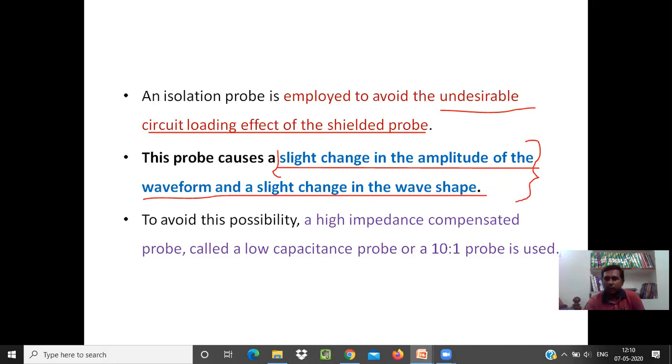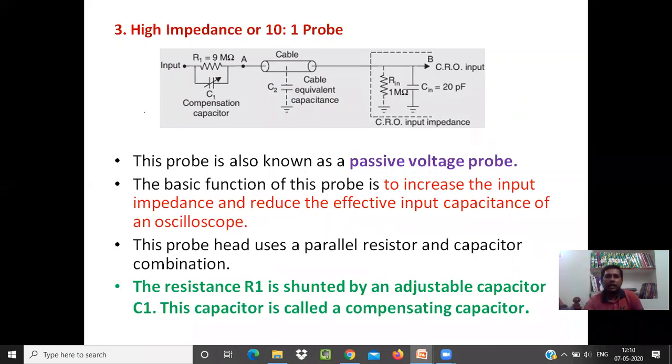So to avoid this, a high input compensated probe called the low capacitance probe or 10:1 ratio probe is used. The 10:1 probe is also known as the high impedance probe.